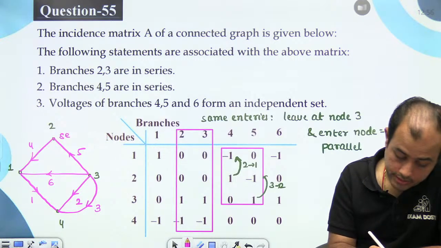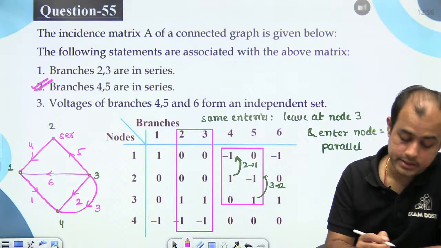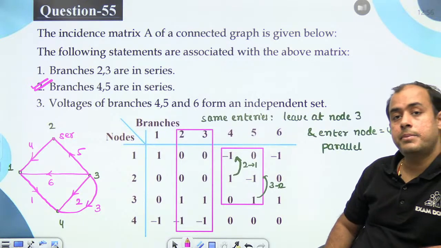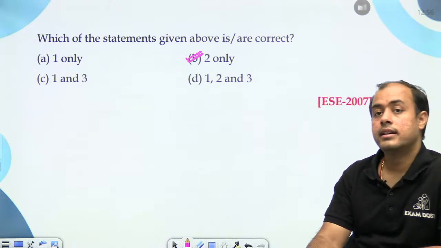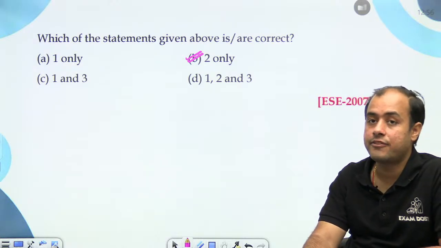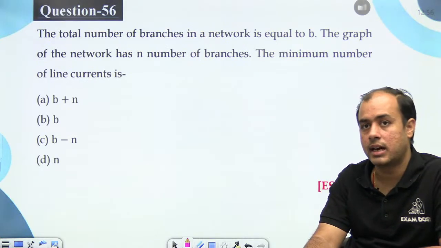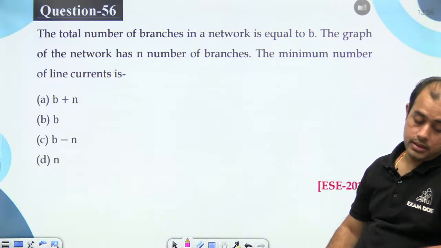So these two are in series. So only this statement is correct. Branch voltages independent set नहीं बनाती हैं. So answer should be 2 only. ठीक है? Your node voltages can form a independent set but not the branch voltage.